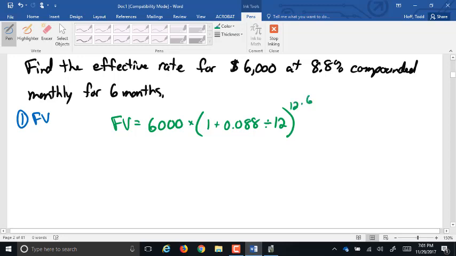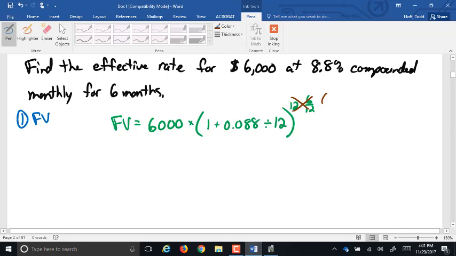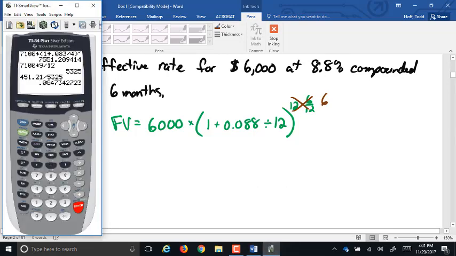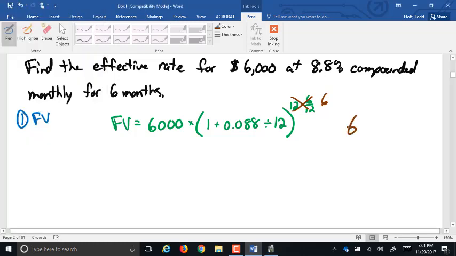Again, if you had to, that could be 12 periods a year times 6 twelfths of a year. It is 6 periods. If we punch that in, we get 6268.89.